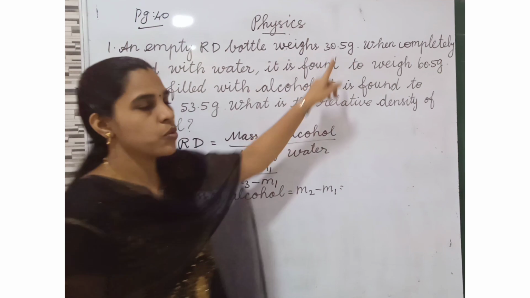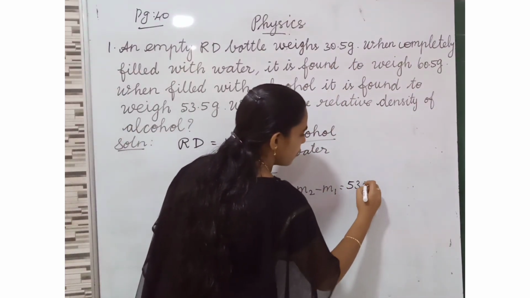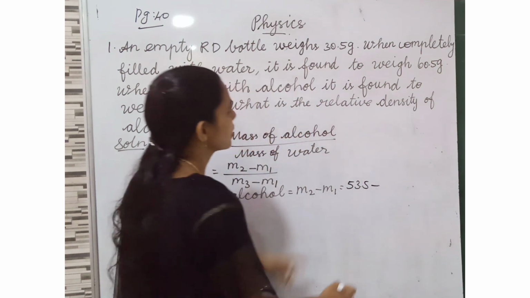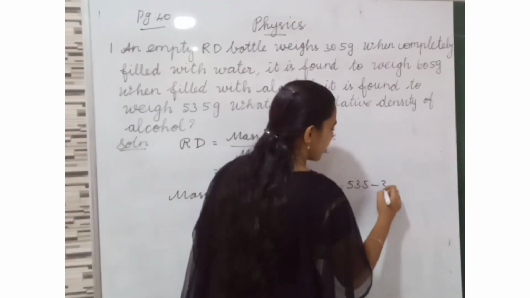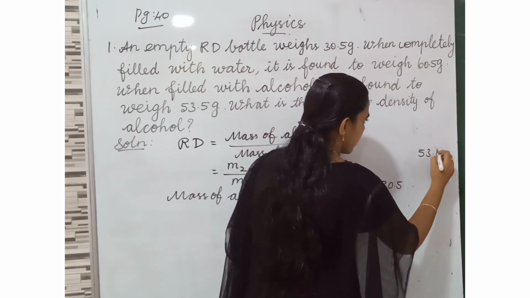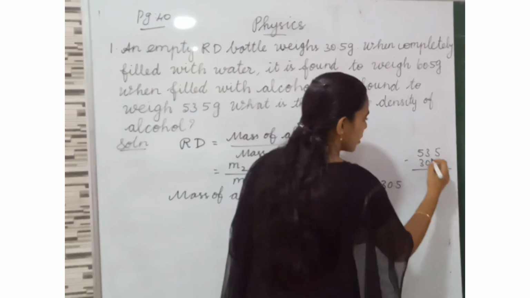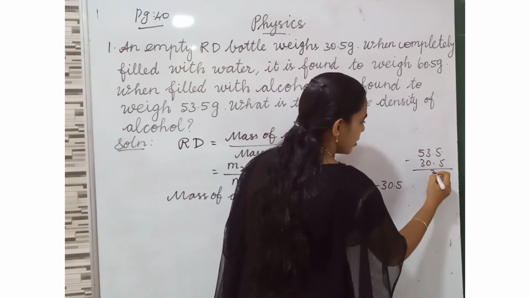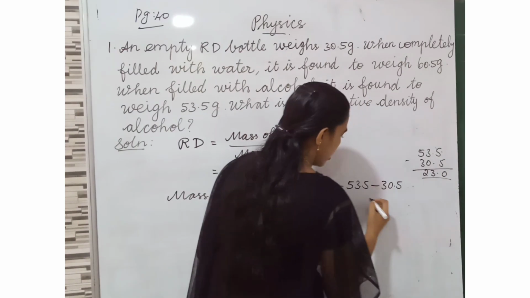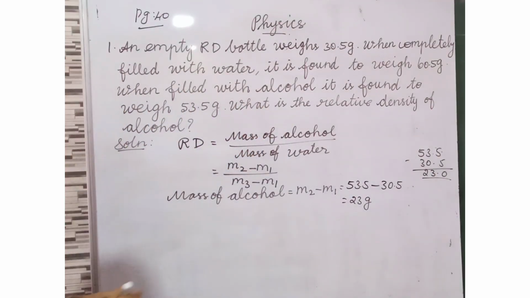So 53.5 minus 30.5. Okay. 0, 3, 2. So how many? 23 gram. Okay, 23 gram.